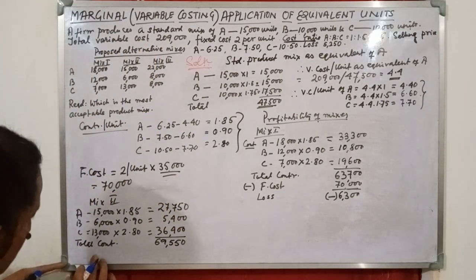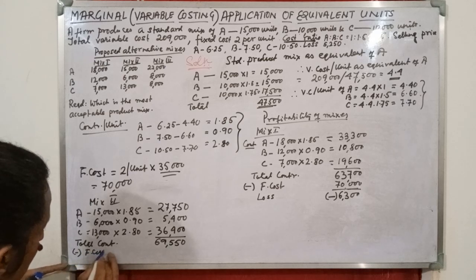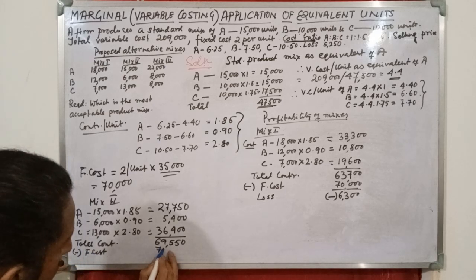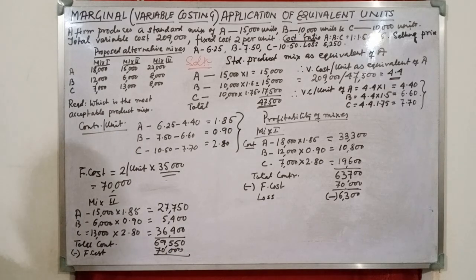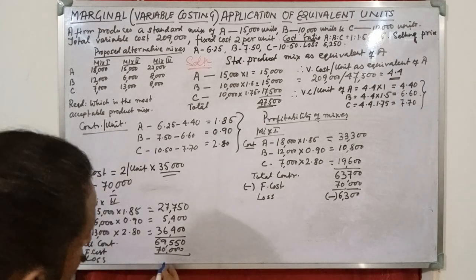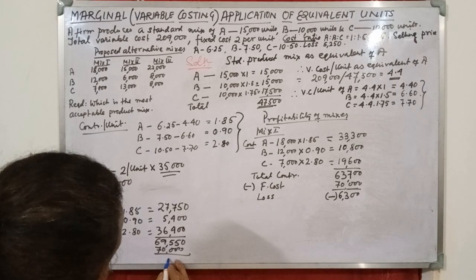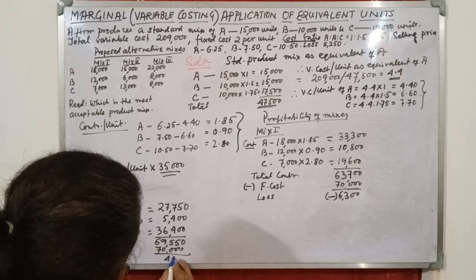And from total contribution we deduct fixed cost of 70,000. This means a loss of 450.